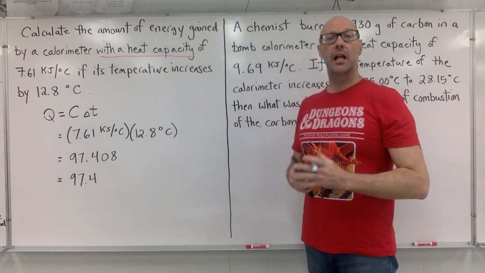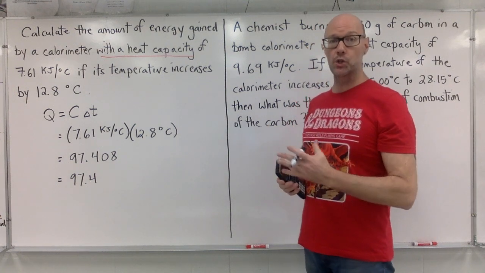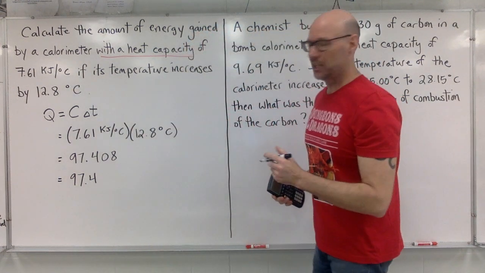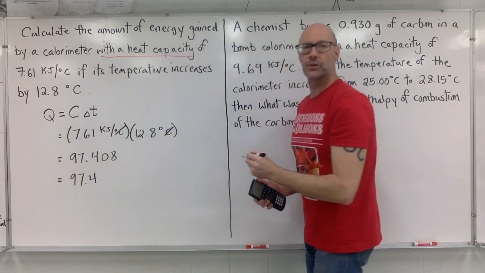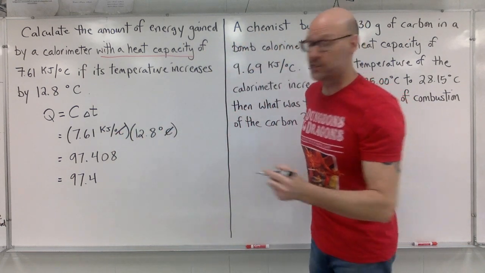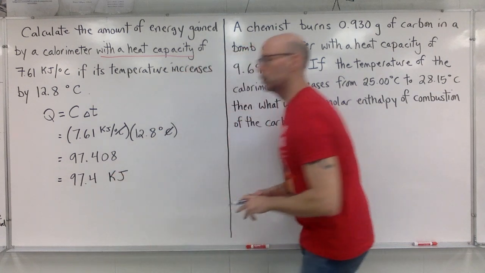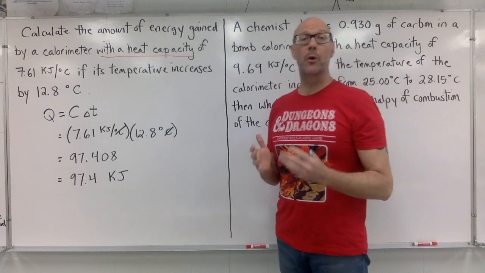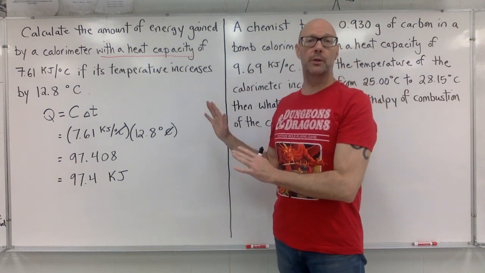In our other style of questions that had Q equals MC delta T, we expected joules, but here, the heat capacity is already in kilojoules, so our degrees Celsius cancel, and we're left, a little bit surprisingly, with kilojoules.